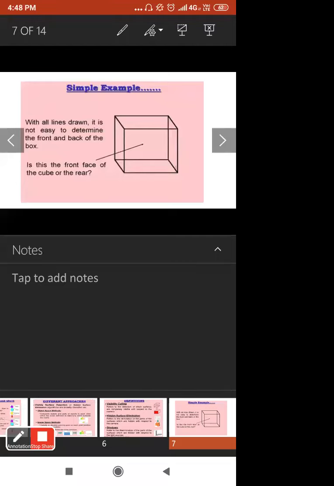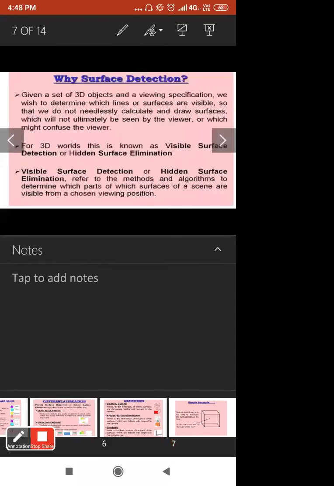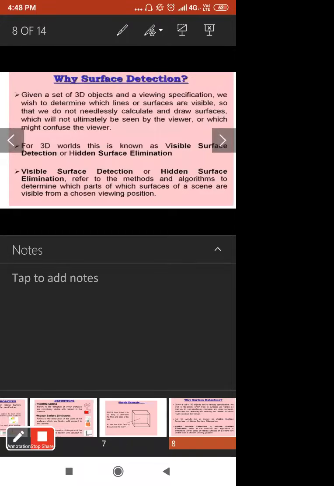Is this the front face of the cube or the rear face? That is the confusion. So how are we going to analyze these surfaces, whether these are front faces or back faces? With the help of some algorithms we are going to find it out.